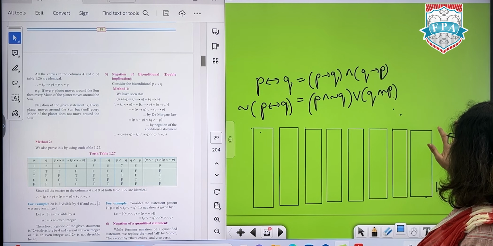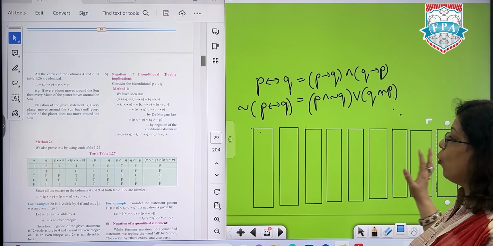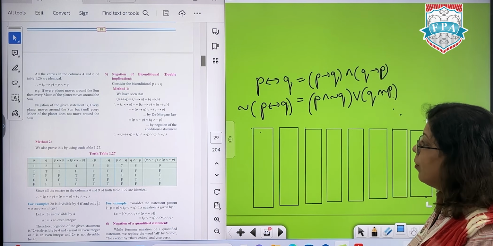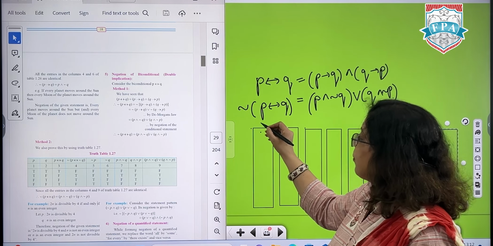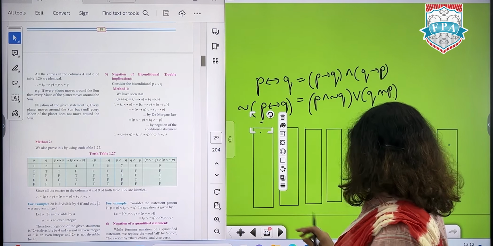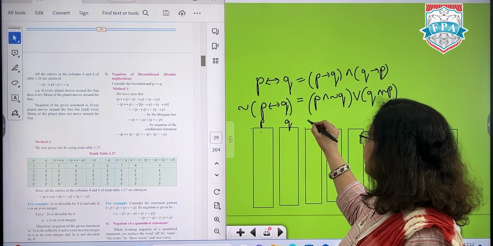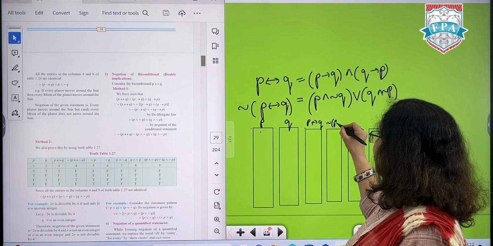So you can see that all together 9 columns are being formed. And in 9 columns, to prove that it is logically equivalent, the respective columns coming here are, say, this is P, this is Q, this is P to Q, and then negation of P to Q.